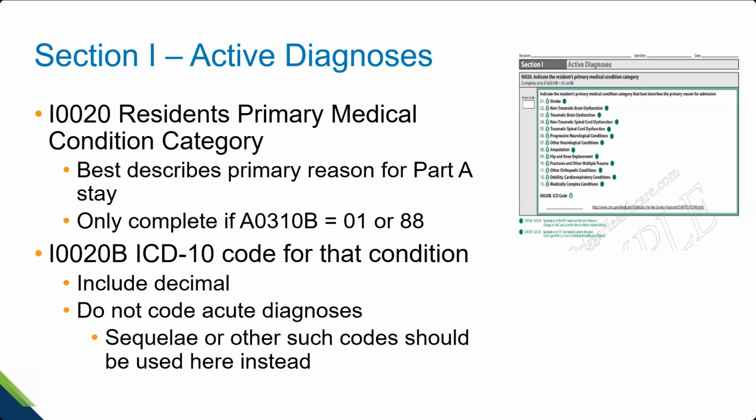However, it's more common that the resident presents to the SNF for care related to an after effect of a disease or a condition or an injury. So therefore, subsequent encounter or sequela codes really are what should be used. So again, you can refer to the RAI manual for additional information about those codes.